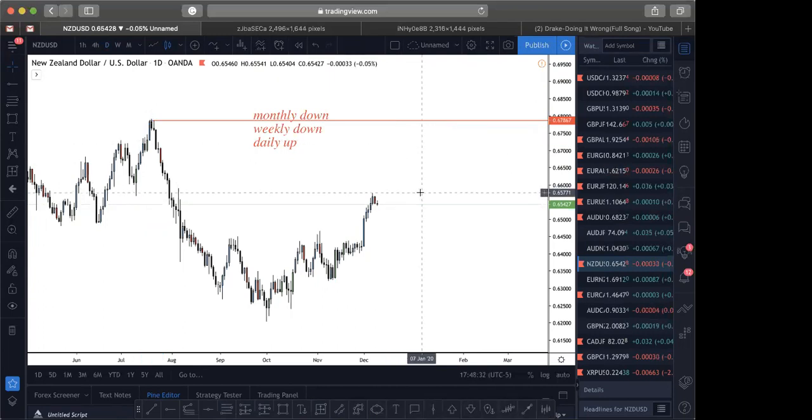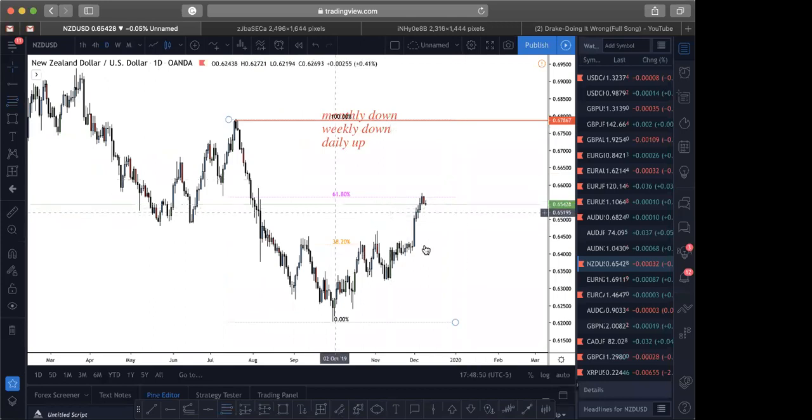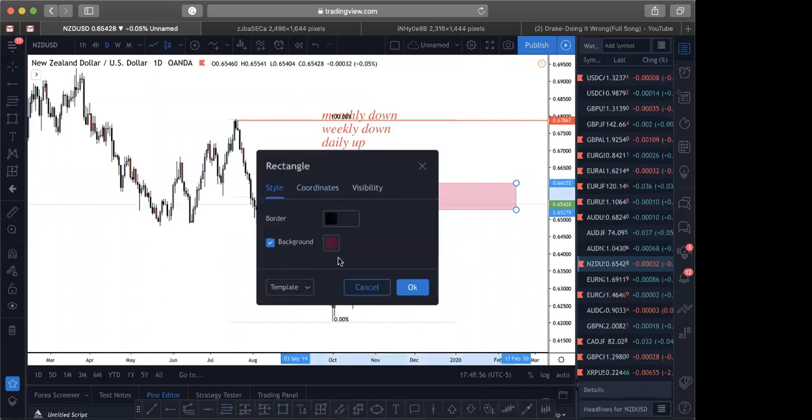So having this information, we can now look for confluences to find what is the best price to go short at, right? One of the confluences we would use that I've taught before would be Fibonacci, 61.8 level, right? Okay, so this Fibonacci is telling us that we can go short somewhere in this area near the 61.8, right?